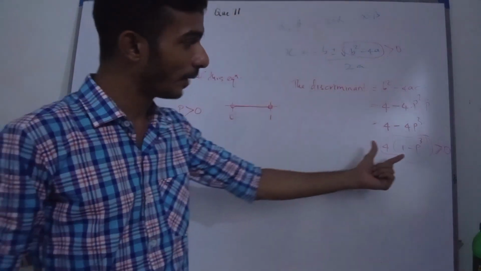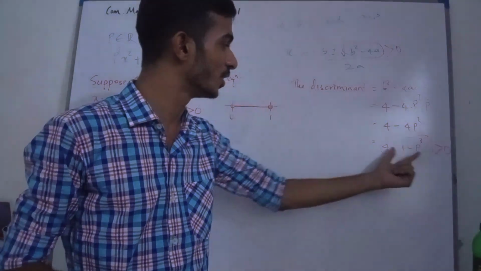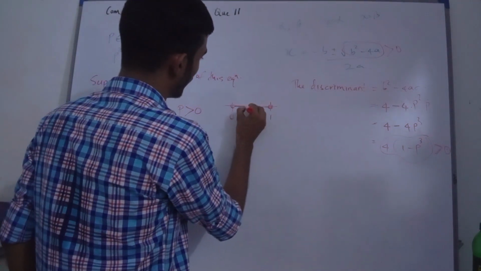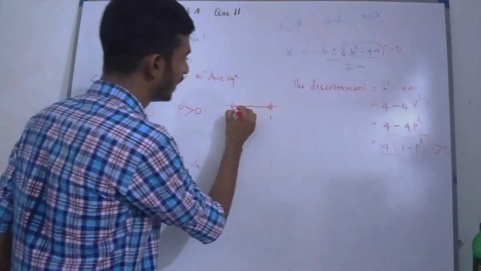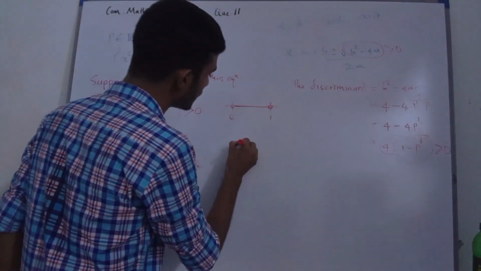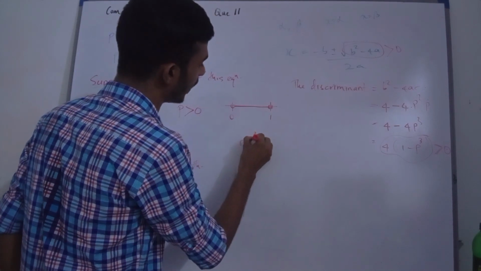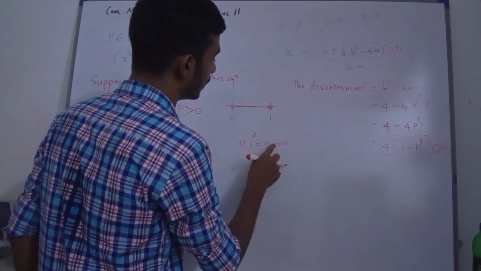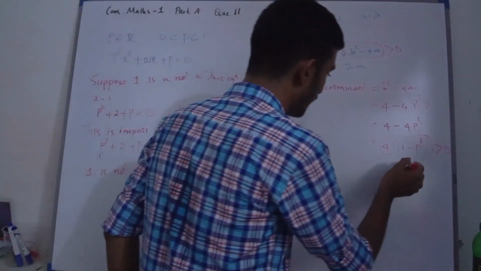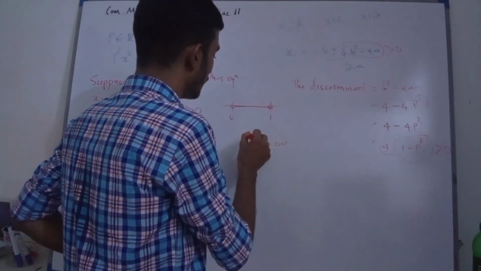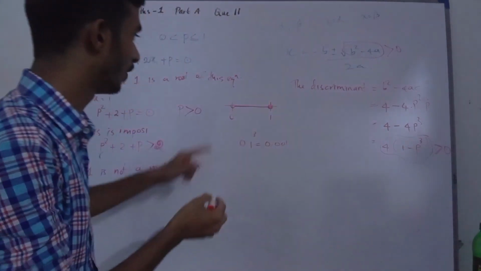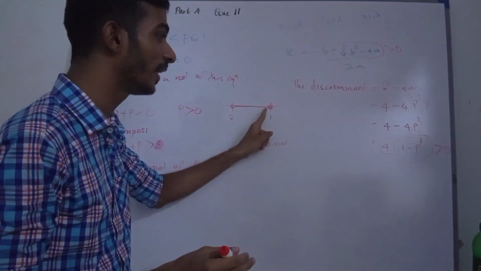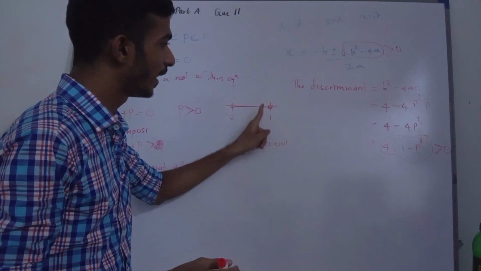But I am going to reason out why this is greater than 0. 4 is always positive, right? Now the p can take any value within this range only. So if this is 0.1, 0.1 cube will be 0.001, right? Any value it can take, 0.1, 0.2, but it can take 1 also.